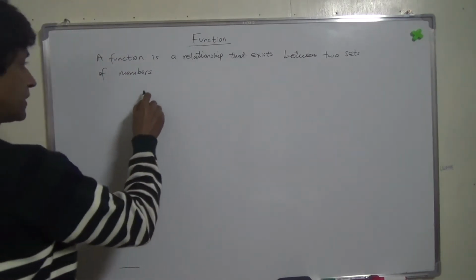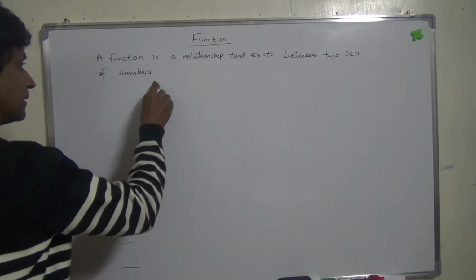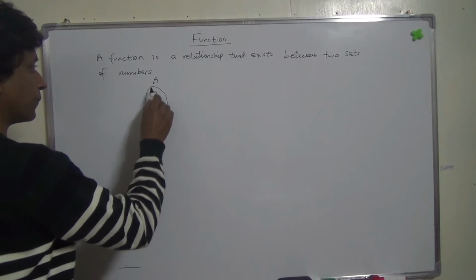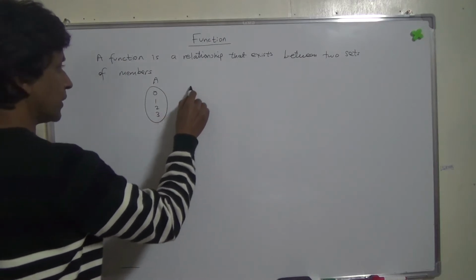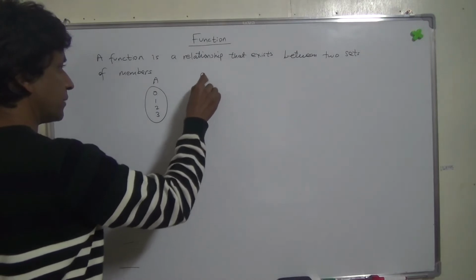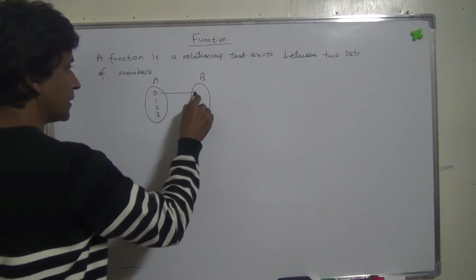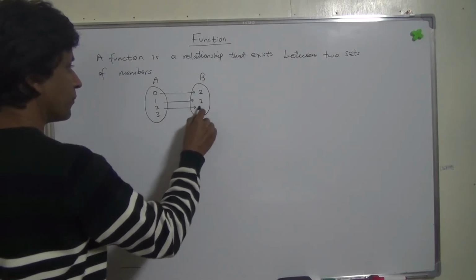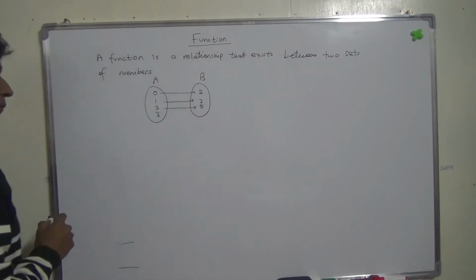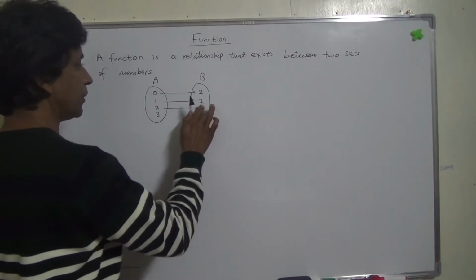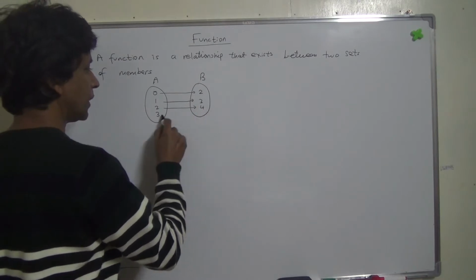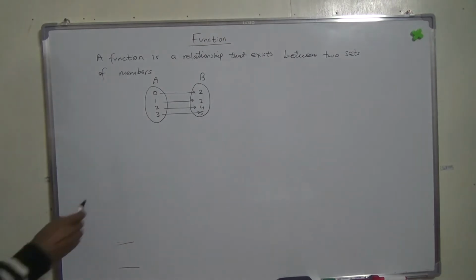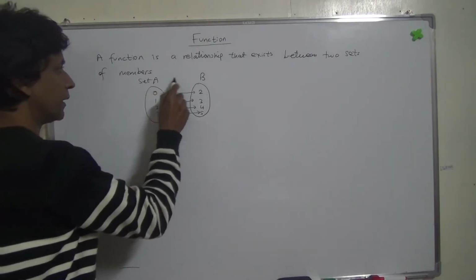Now, an example of this: we can have a set A like this, where you've got 0, 1, 2, 3. And this is associated with another set, which is a set B, and let's say this is 2, 3, 4, and perhaps 5.